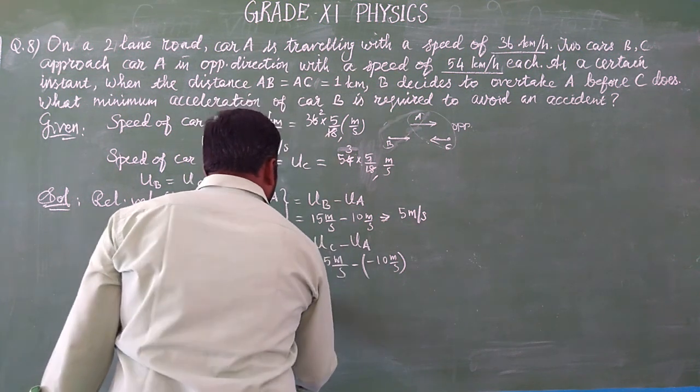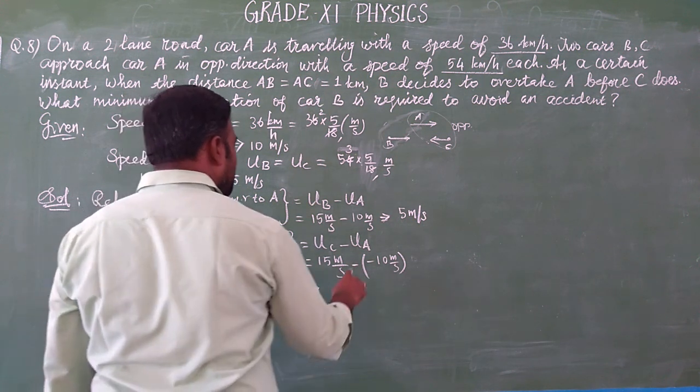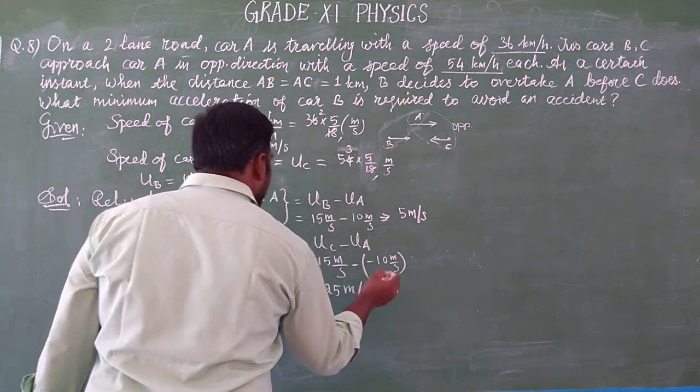Therefore, the relative velocity of C with respect to A is minus into minus, plus. So it becomes 25 meters per second.